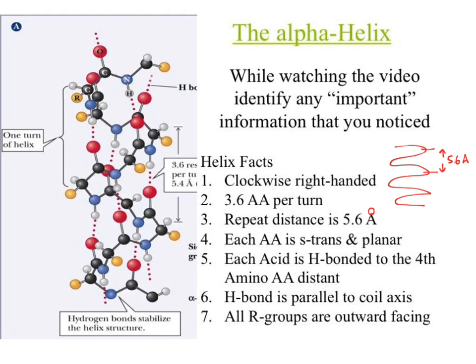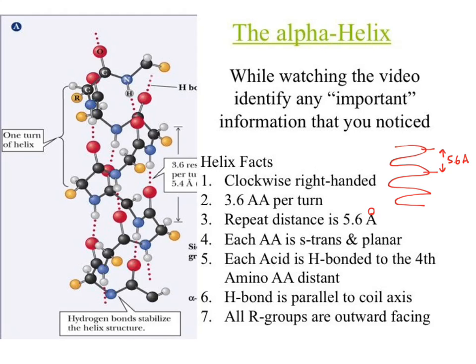So that could be another question. If all of those R groups happen to be hydrophobic, where would we expect to find the alpha helix? On the interior of our protein. If they're hydrophobic, we don't want to be out on the exterior where there's water. So that's if it's a water-soluble protein.